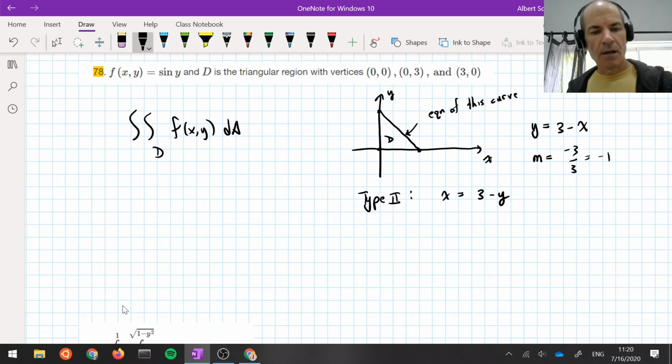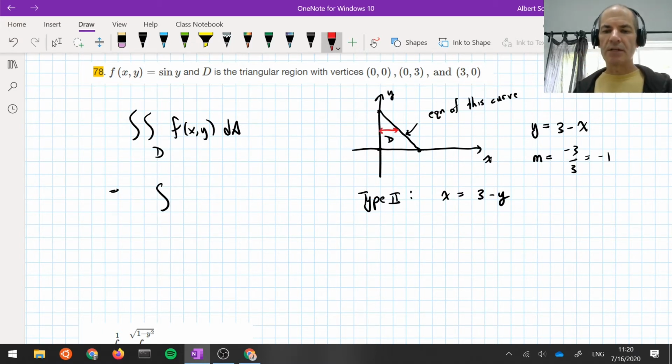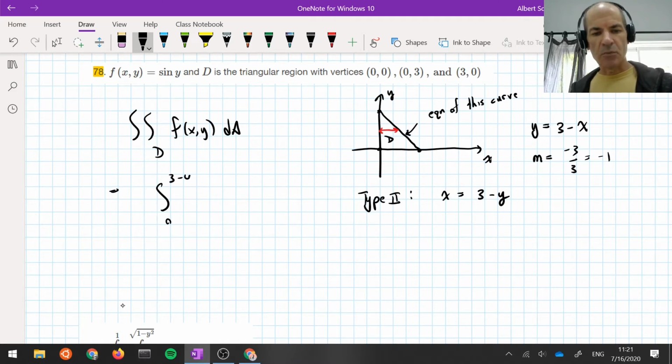Great. All right, as a type 2 integral, let's set up the limits of integration. We're integrating horizontally, so we're going from the left curve to the right curve. What's the left curve? The left curve is x equals 0, and the right curve is x equals 3 minus y. What's the integrand? It's sine y.